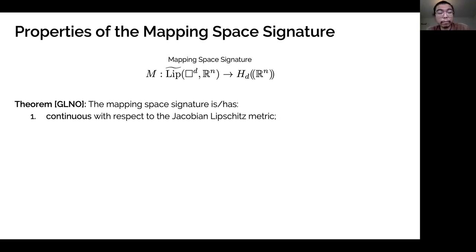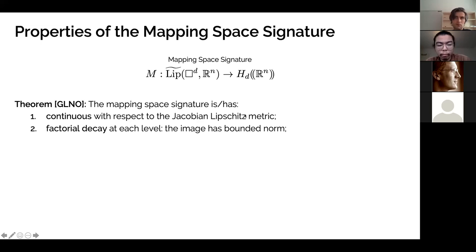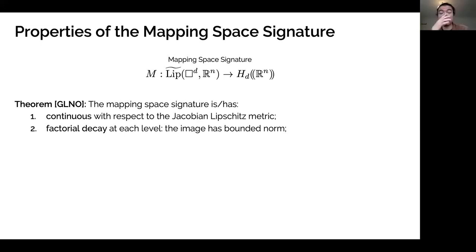In particular, it is continuous with respect to the Jacobian Lipschitz metric. At every level m, this mapping space signature has factorial decay. In particular, the image of this map has bounded norm, and this is how we can actually talk about this HD as a Hilbert space.